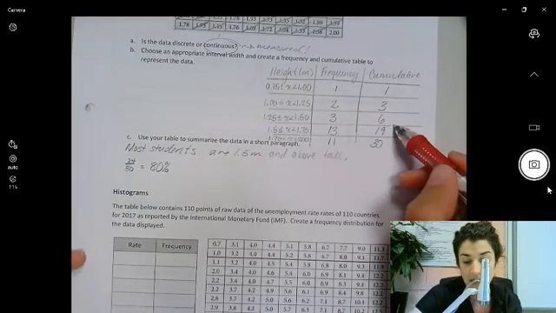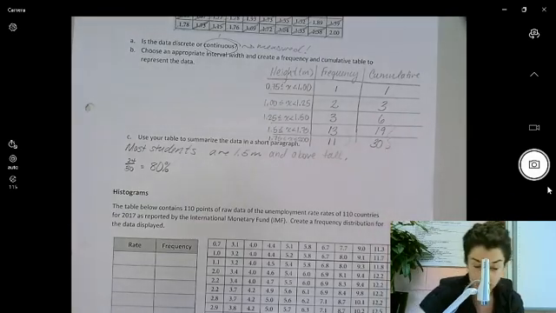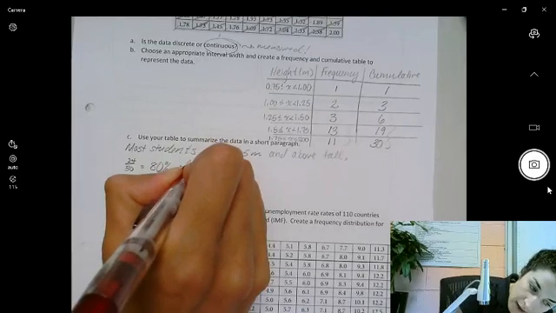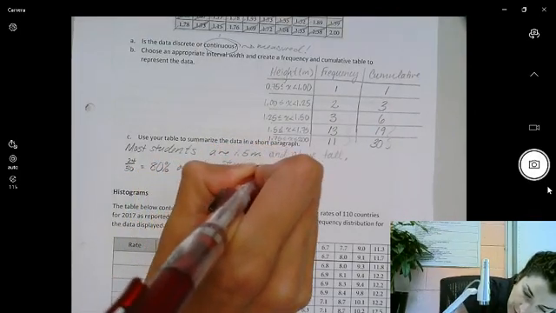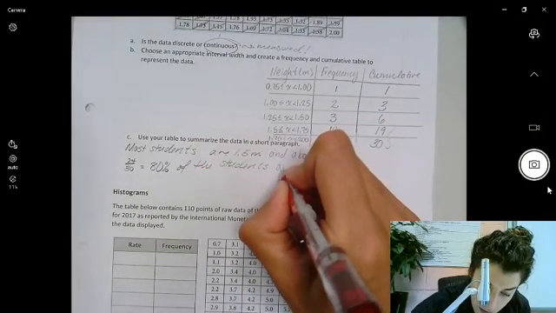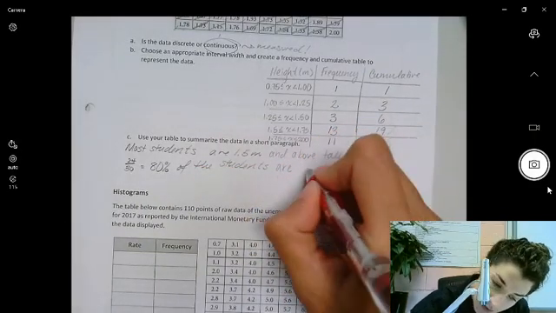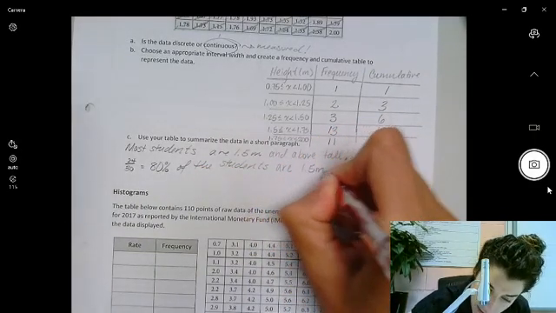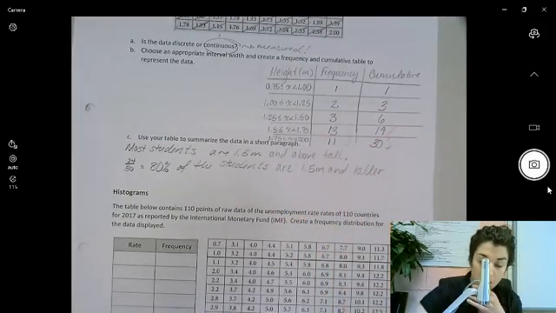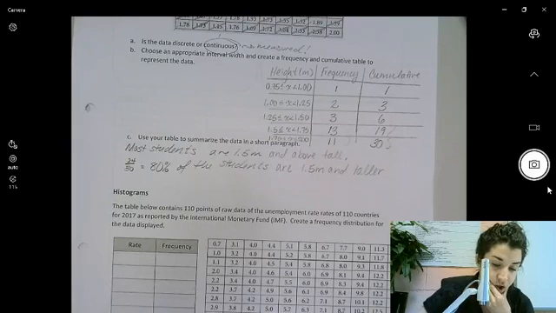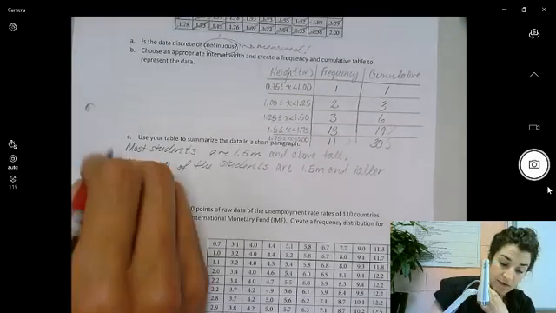Which means that 80% of these students are 1.5 meters and taller. Which means that our 20th percentile is at 1.5.